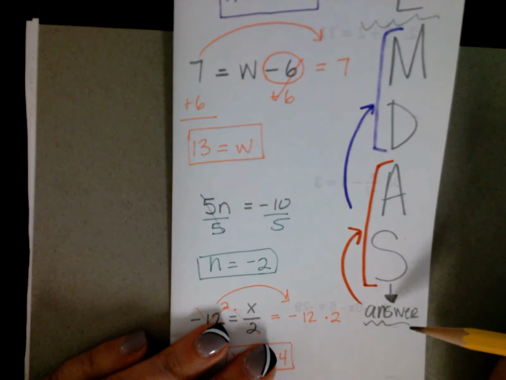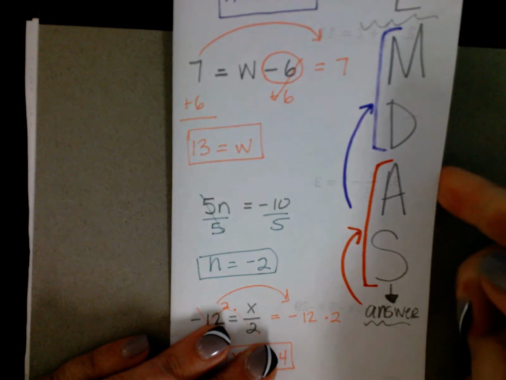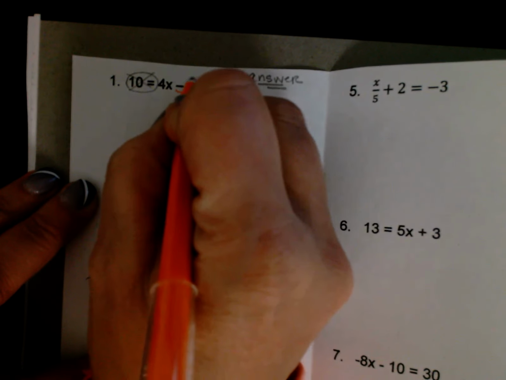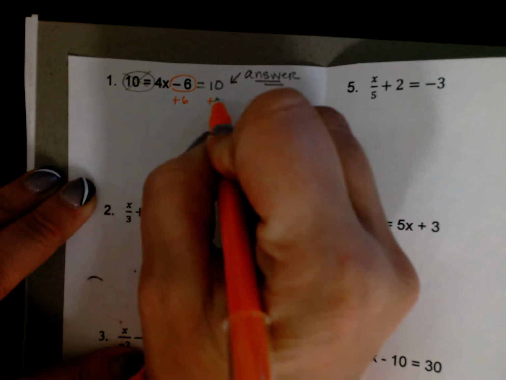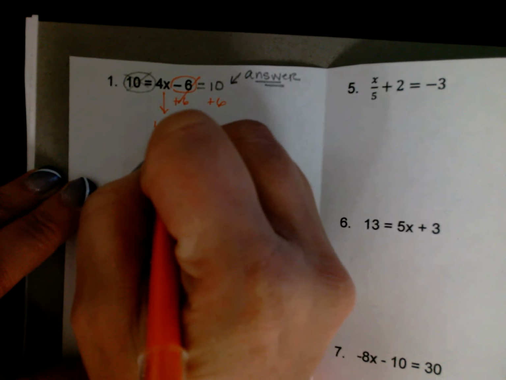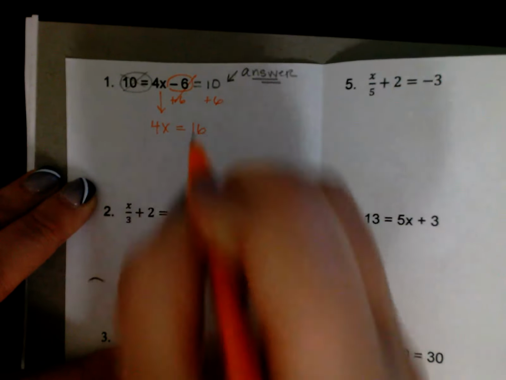Because I gave you the answer, we're going to undo any addition or subtraction first. So I will get rid of my -6 by adding 6. Adding 6, drop down the 4x. 10 plus 6 is 16.